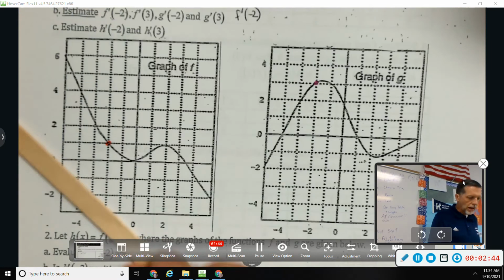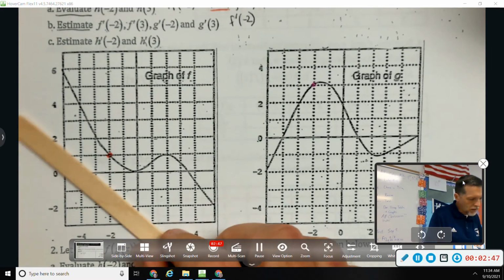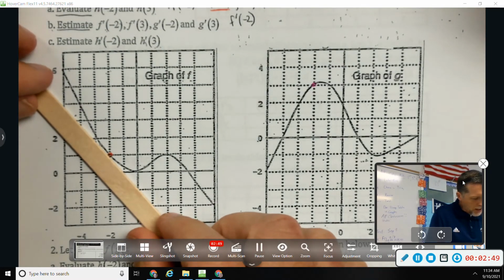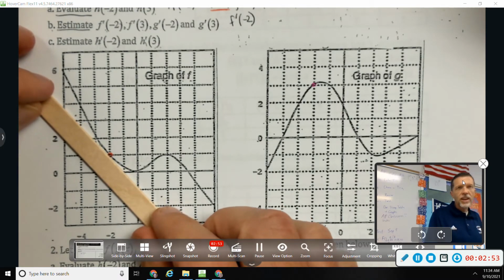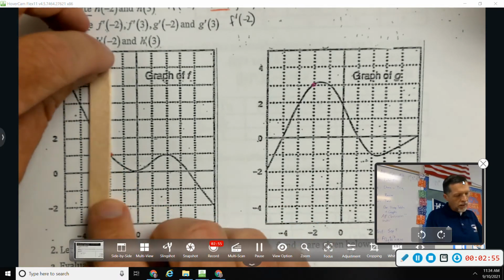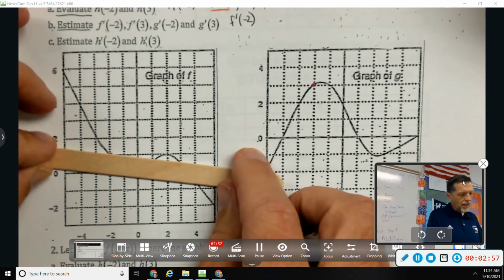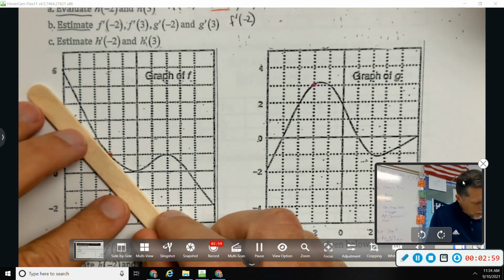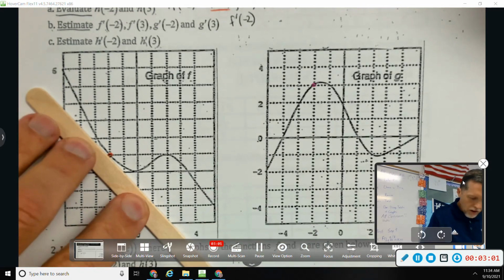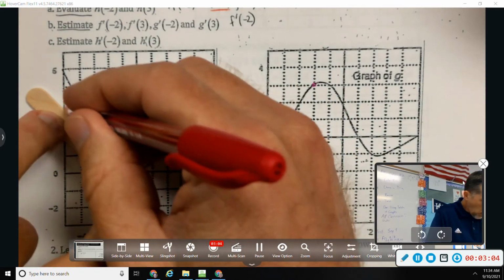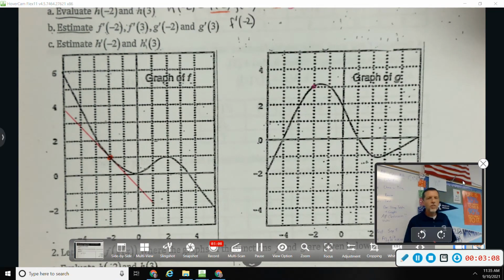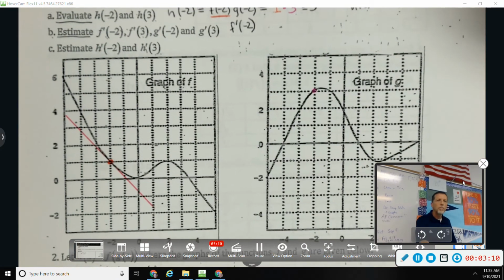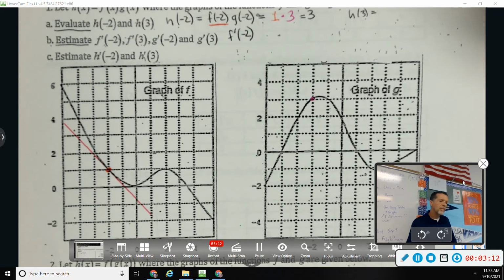So I think now I know why it said estimate, because people are going to draw slightly different slopes on how they lay their tangent line on there. I mean, it should be close, right? That's not a tangent line, and that's not a tangent line, but something in there should be my tangent line. And so that slope should tell me the derivative at negative 2.